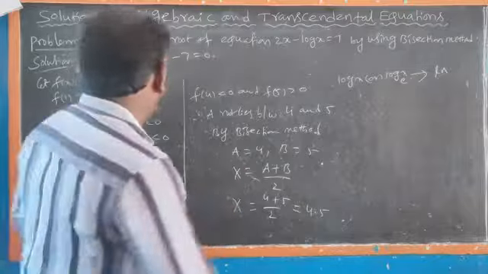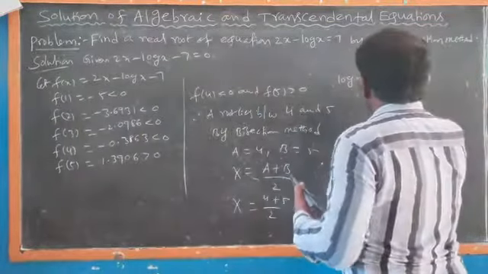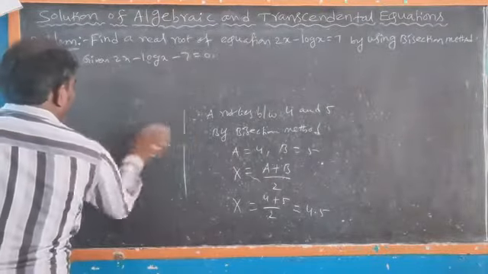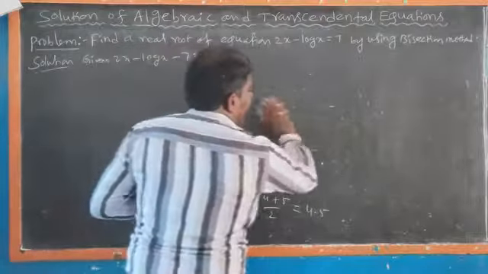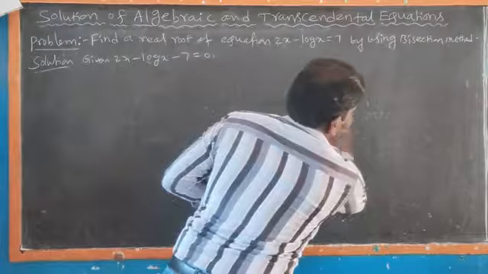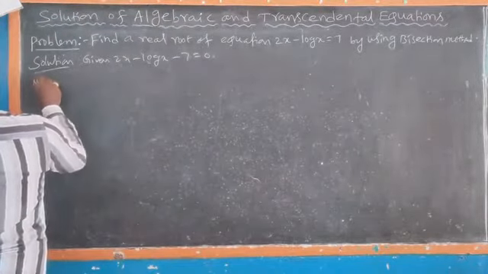Now, tabular form: a value 4, b value 5, x value 4.5. So now we draw the tabular form, with the number of approximations.